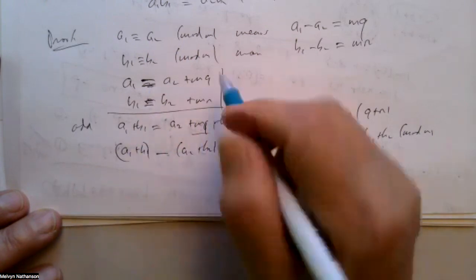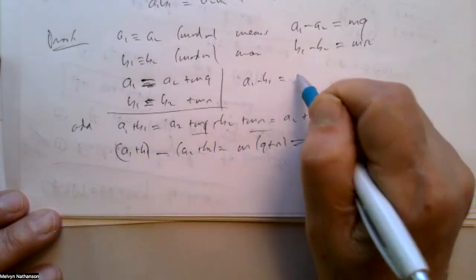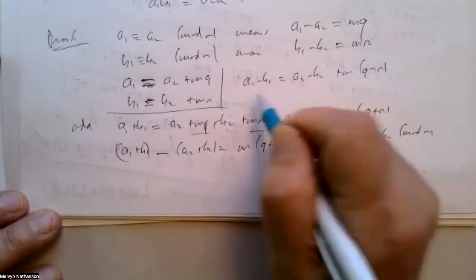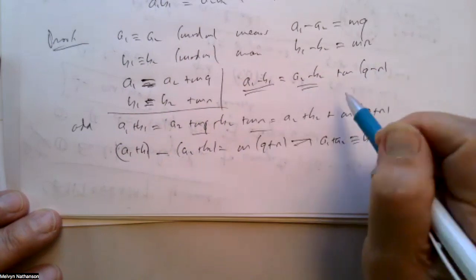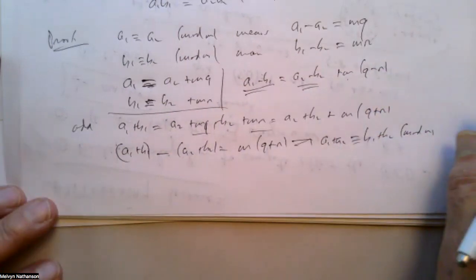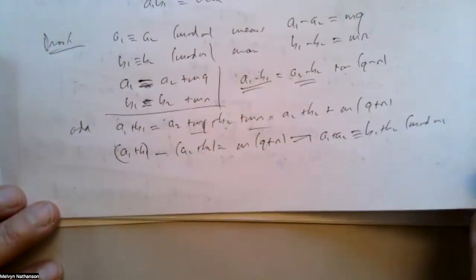And if I were to subtract these equations, I would get A1 minus B1 is A2 minus B2 plus MQ minus R. So again, A1 minus B1 would be congruent modulo M to A2 plus B2. So that shows you that we can add and subtract congruences.